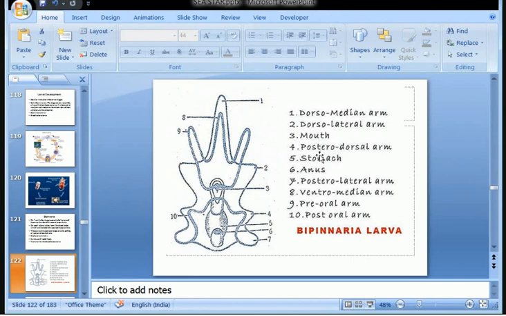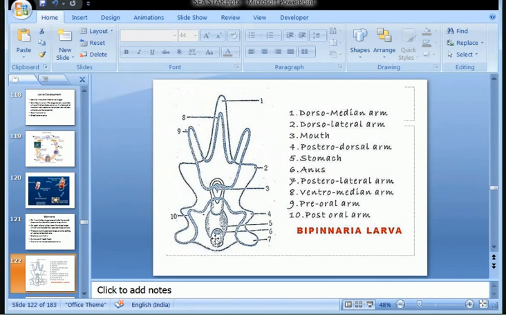Then posterodorsal arms at number 4. Here you see this number 4. Number 4 is the posterodorsal arm. Then we have at number 7 posterolateral arms here. These are the posterolateral arms.